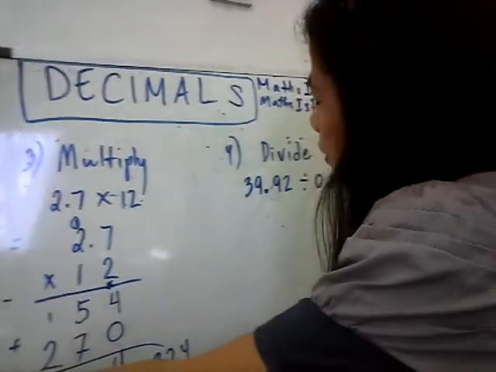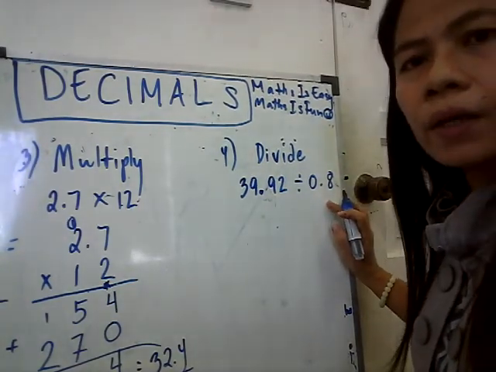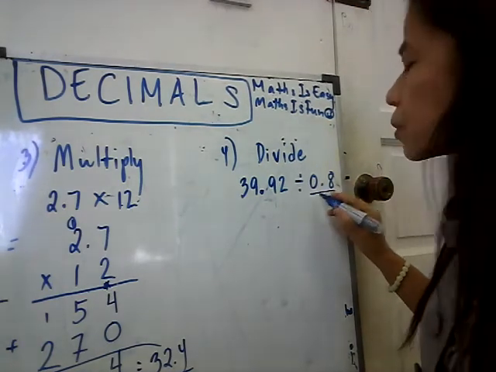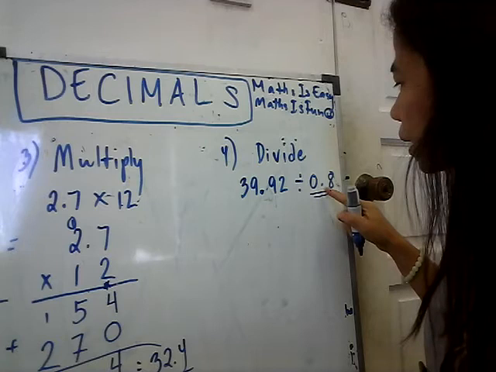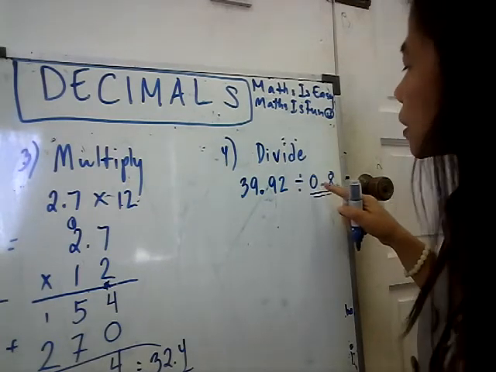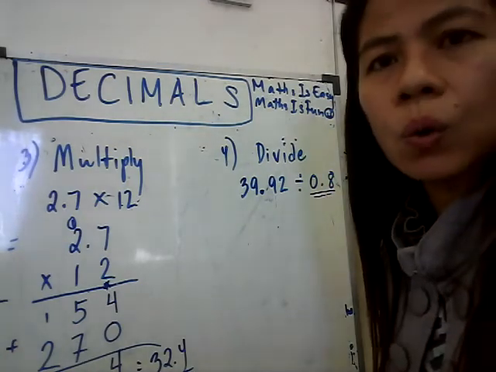Then how do we divide with decimals? For example, if we divide 39.92 divided by 0.8. Take note that if your divisor, or your second number, has a decimal, in this case it has 1 decimal place, we must move it to become a whole number.